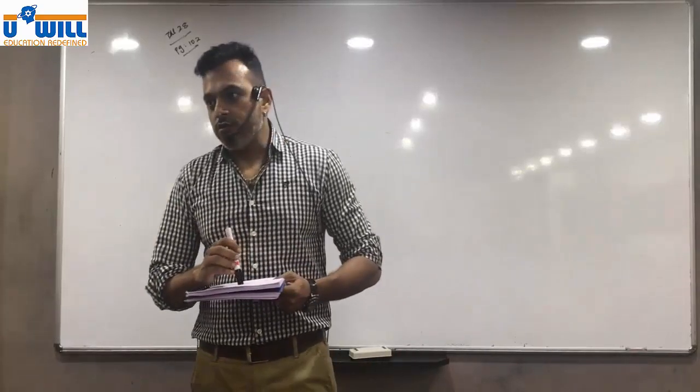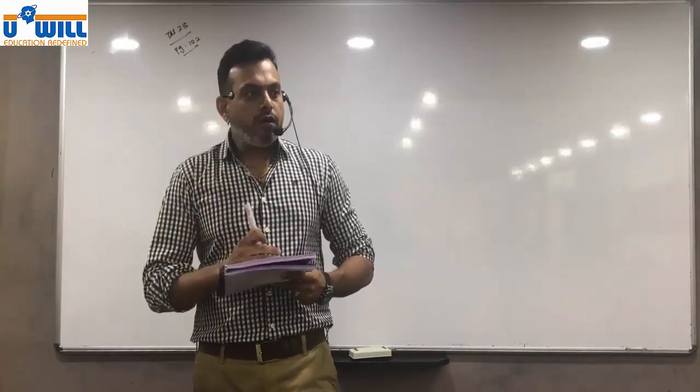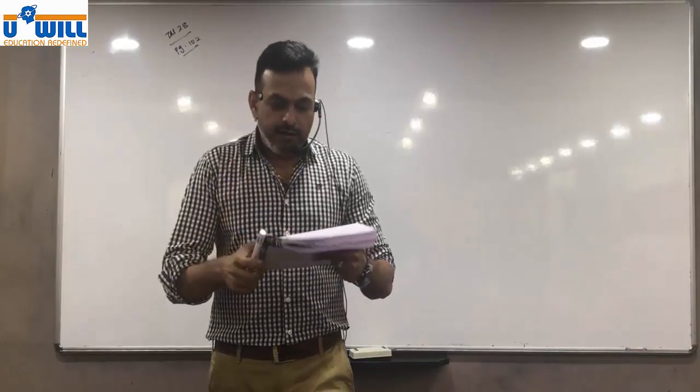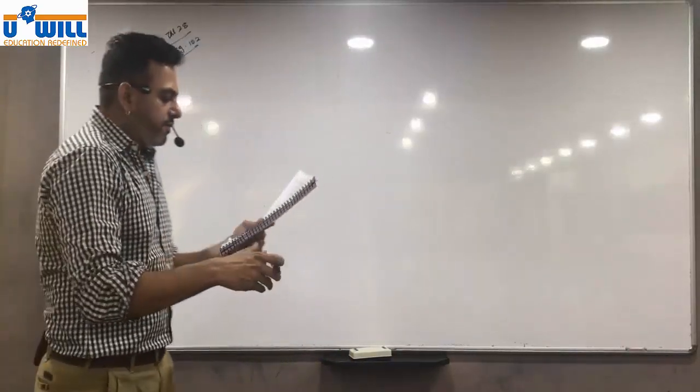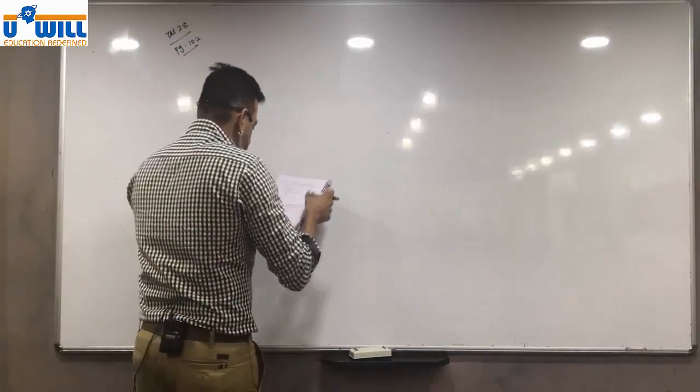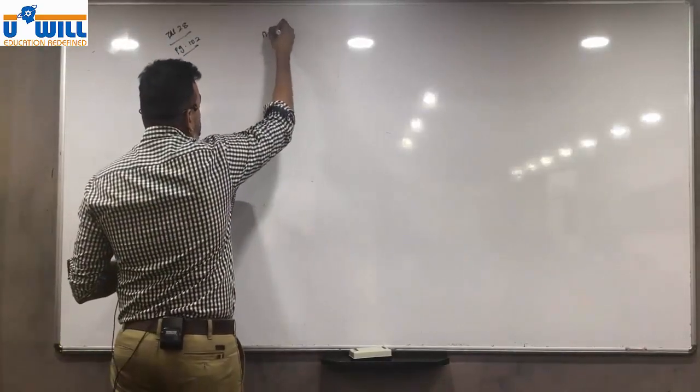So now there are two things. One is wrong and the other is correct. Find the correct value of correlation coefficient between x and y. Now, first let's write what is given. N is equal to 10.